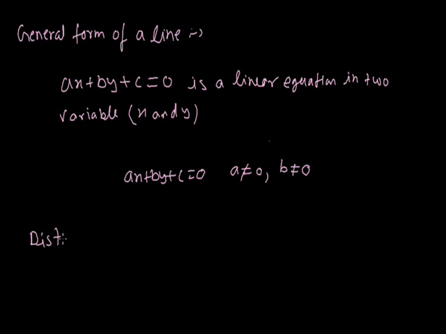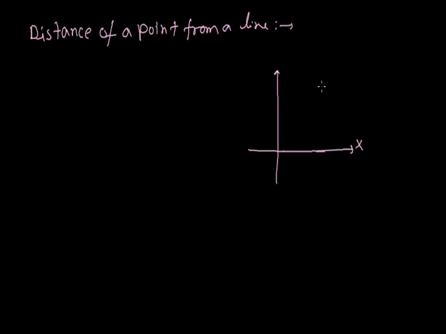If you want to find the distance of a point from a line, then how can we find the distance? Suppose this is the x-axis and this is the y-axis.